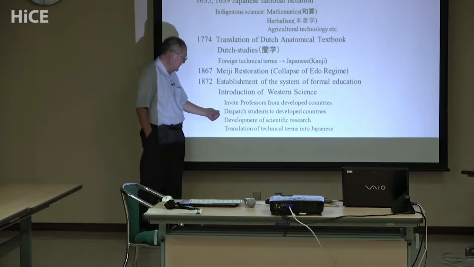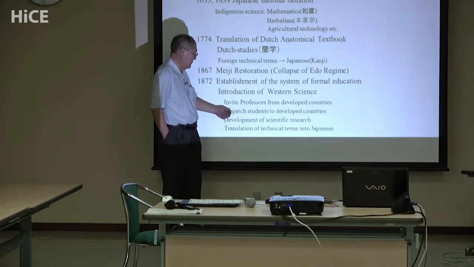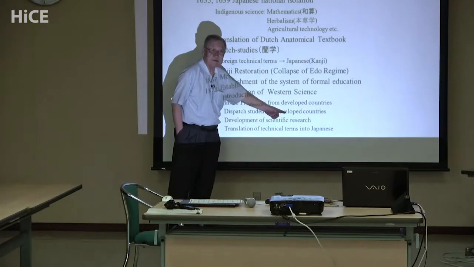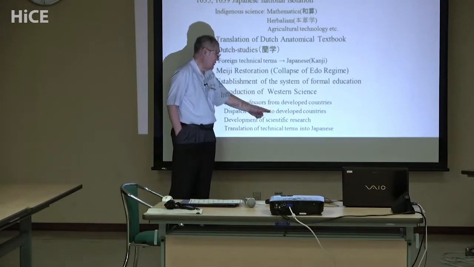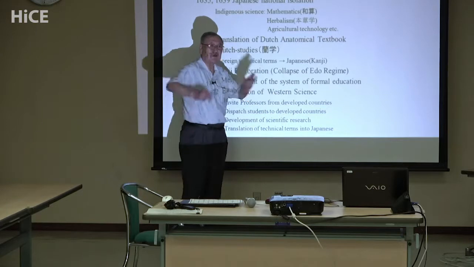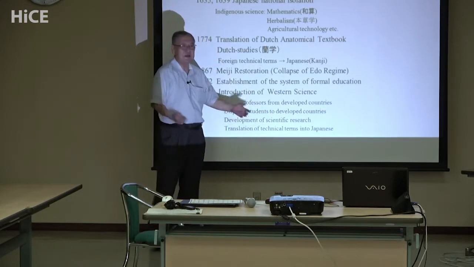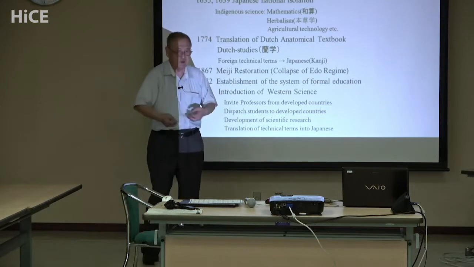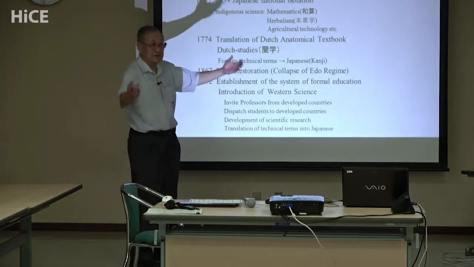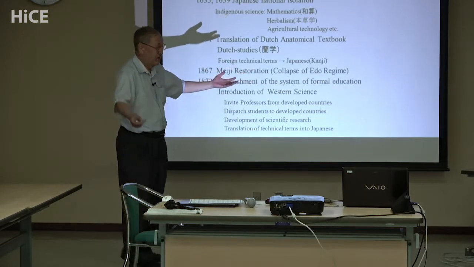And we dispatched students to developed countries. We called them ryugakusei. You are coming from Russia to here. But at that moment, so many Japanese of the younger generation were dispatched to developed countries.